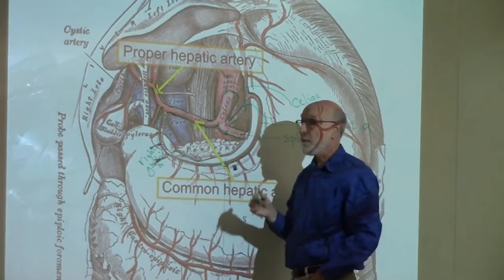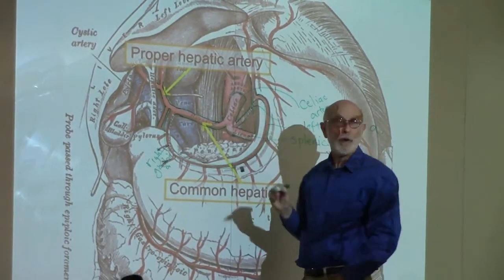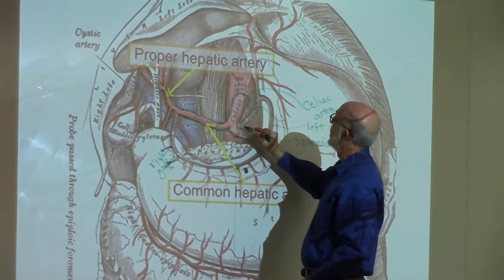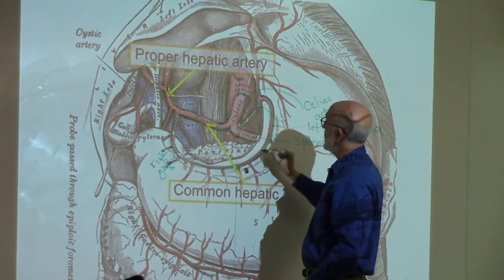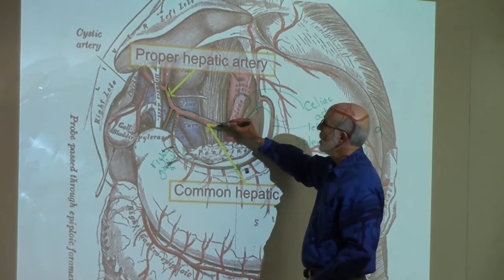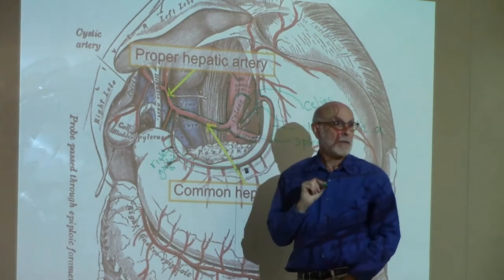So let's do the same thing for the blood that supplies the lesser curvature of the stomach. Celiac artery, left gastric, or celiac artery, common hepatic, right gastric.